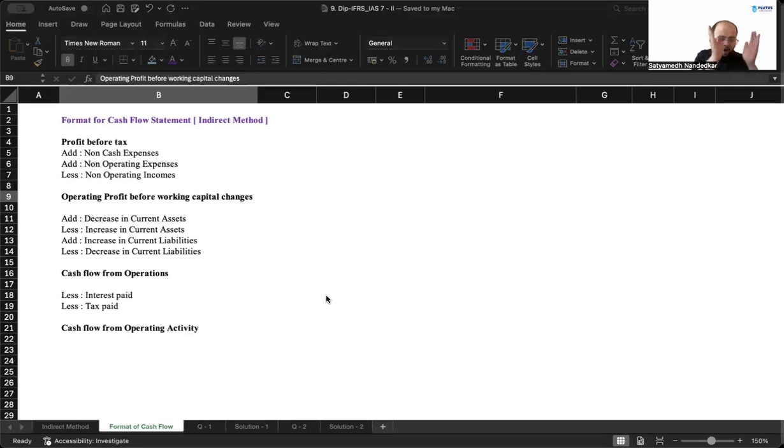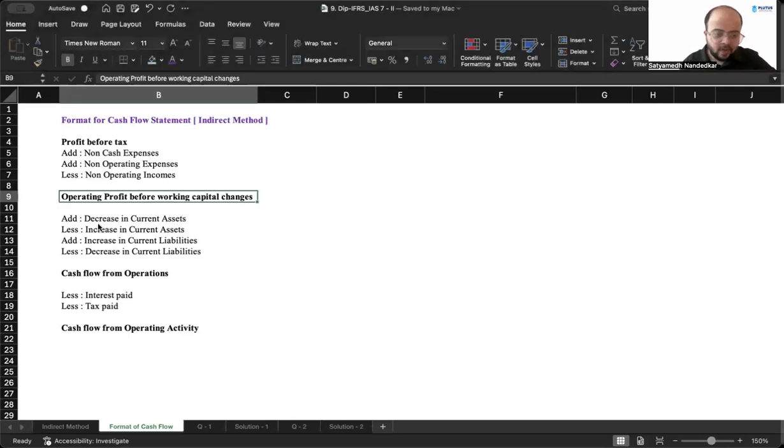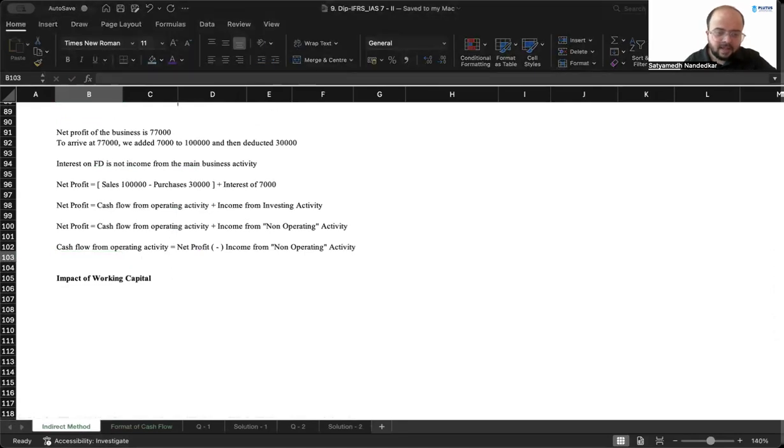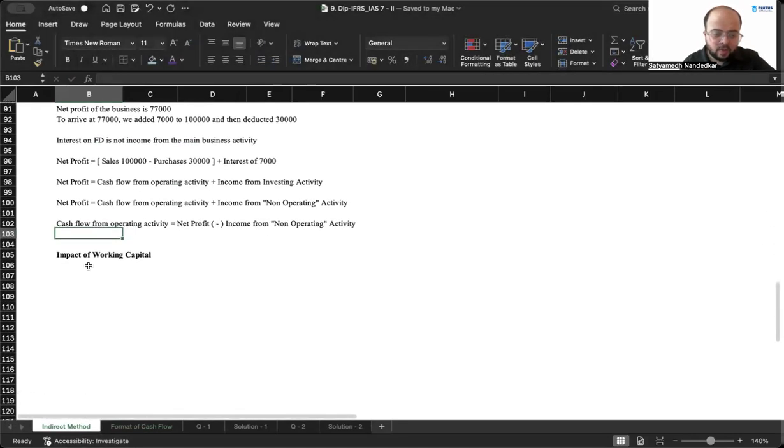Or salary is outstanding or rent is outstanding, which means the second effect of all expense items could either impact cash or it could impact current liabilities like creditors and all of these items. So whenever we are analyzing the impact of working capital, we are primarily looking at current assets and current liabilities. Okay, so let's start discussing all these items one by one.